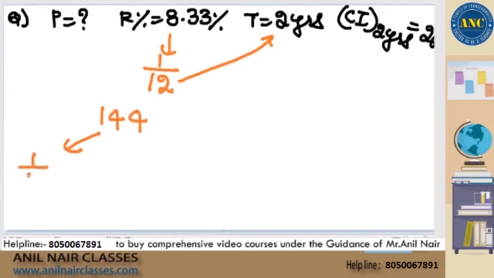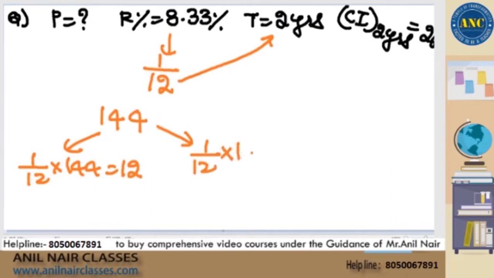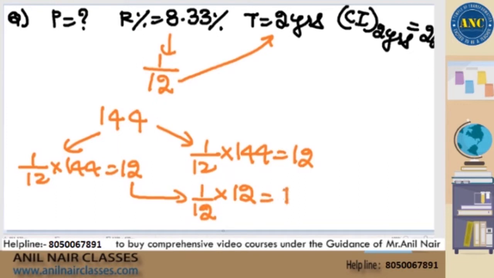First year SI is nothing but 1 by 12 into 144 is 12. Second year also SI will be the same, 1 by 12 into 144 is 12. CI means previous year's interest on interest. So on 12 I need to apply 1 by 12, it is 1.